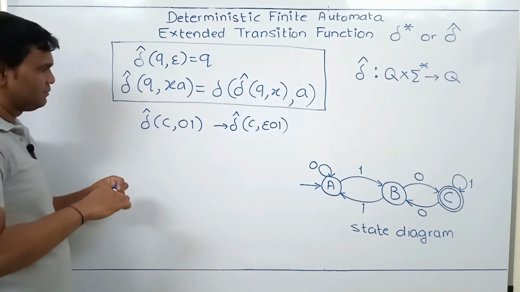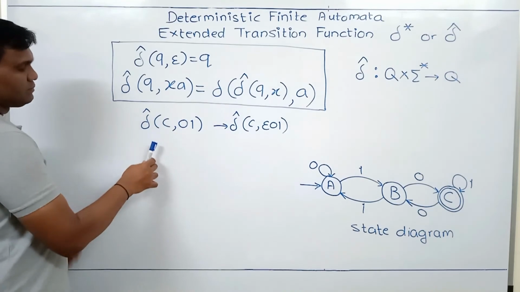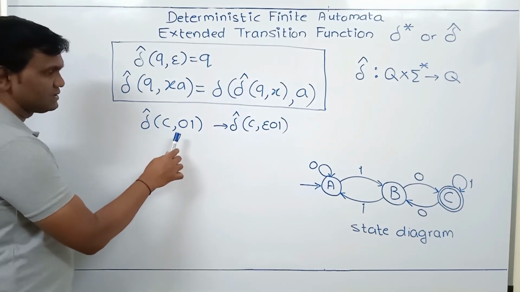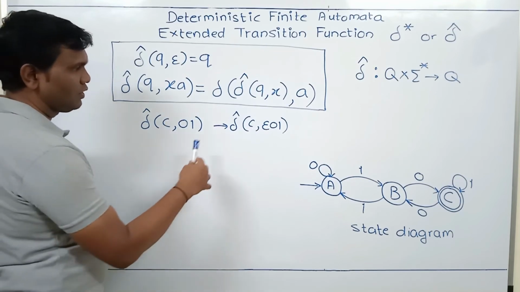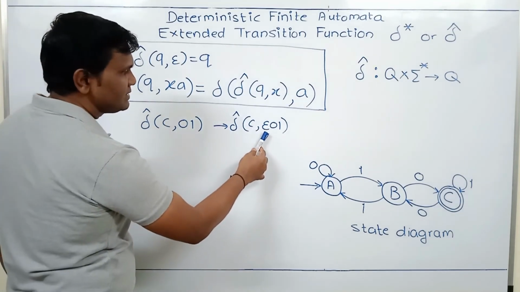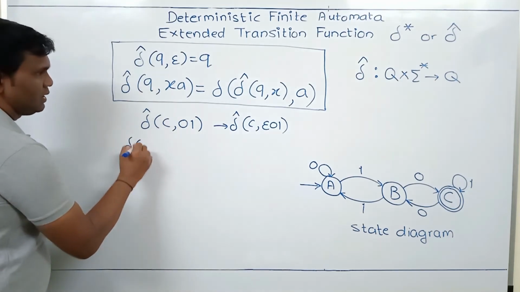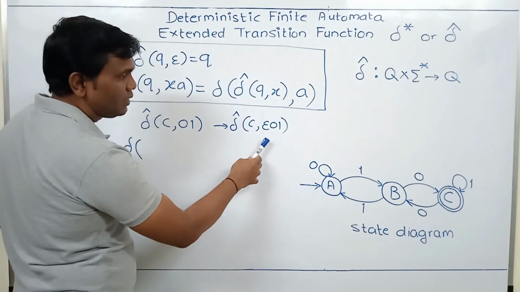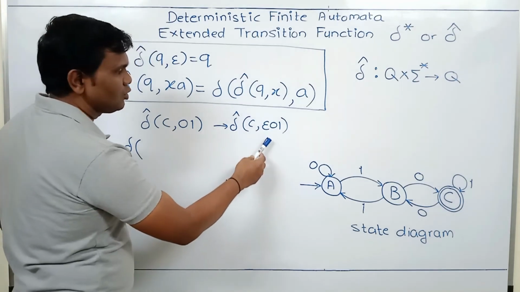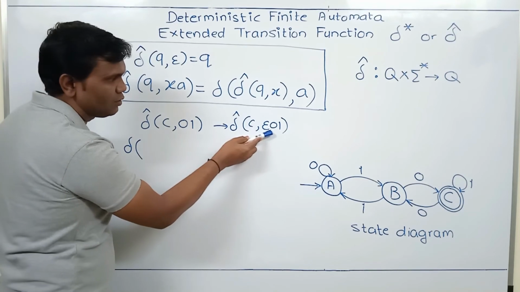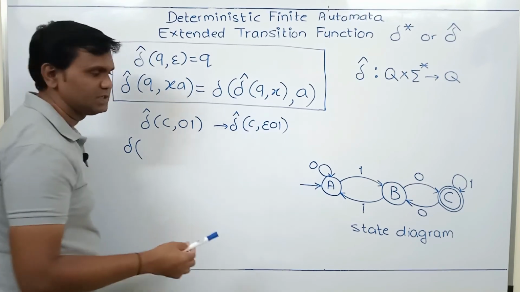Let's consider one example. We have to figure out the extended transition from state C for string 01. For convenience, we write it as delta cap C 01. Now, before we calculate the transition on 01, first we will calculate the transition on 0, then we process 1.